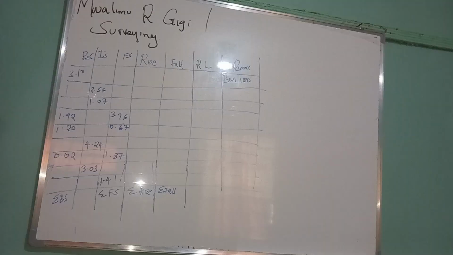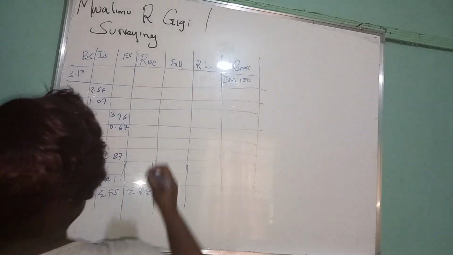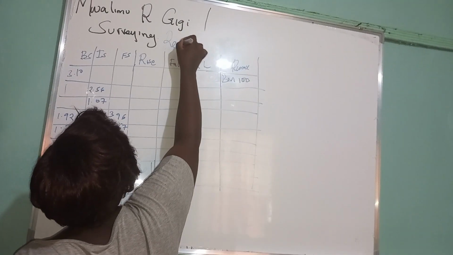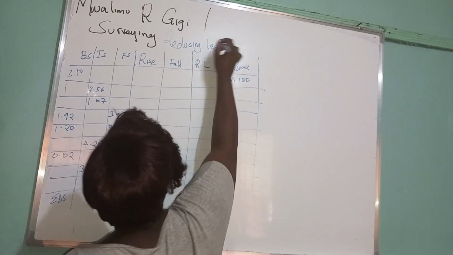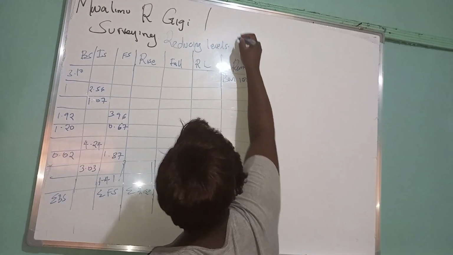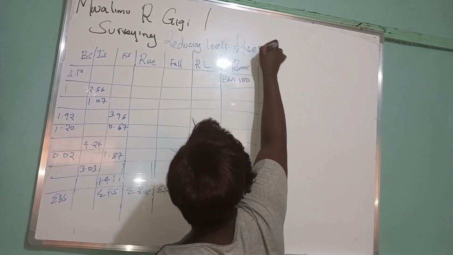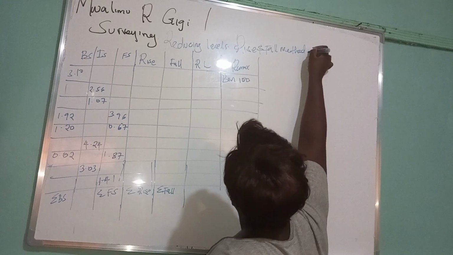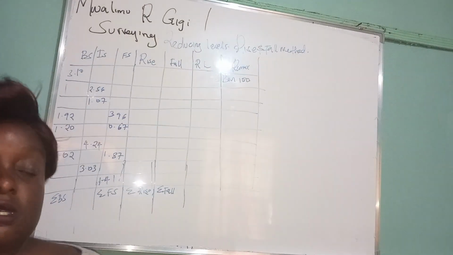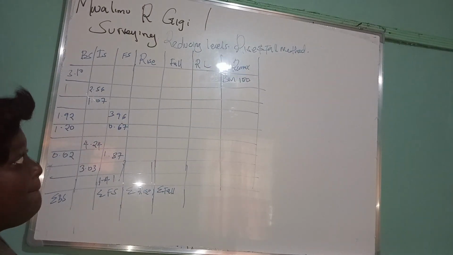So today we want to do reduced level reducing. We want to use the rise and fall method.